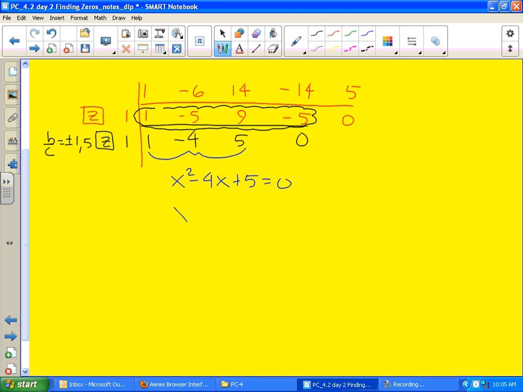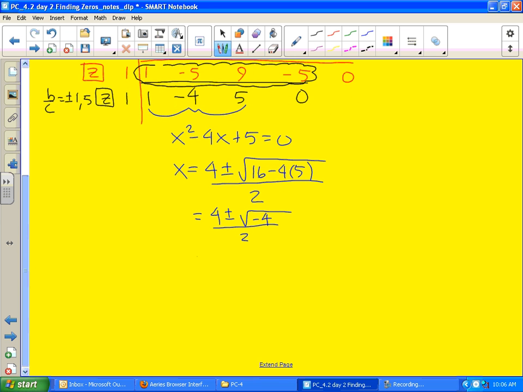So then we're going to do our negative b plus or minus the square root of b squared minus 4ac. We get 4 plus or minus 2i over 2, factor out a 2 GCF. Those get to go away. And I find that 2 plus or minus i, those are my other zeros.